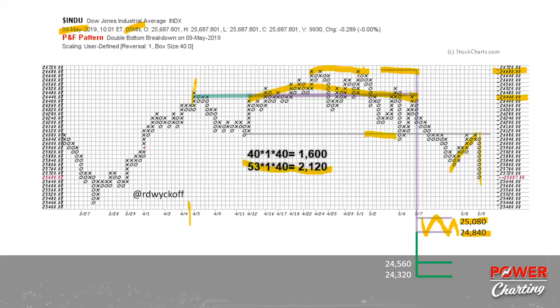My advice about this, or my experience, I should say, is that if we do get down to this first objective here, oftentimes what happens is we get a consolidation of sorts and then an attempt to rally. And then we'll redistribute for the lower objective, which in this case is 24,560 to 24,320. Doesn't have to do that. It could just go straight to that level.